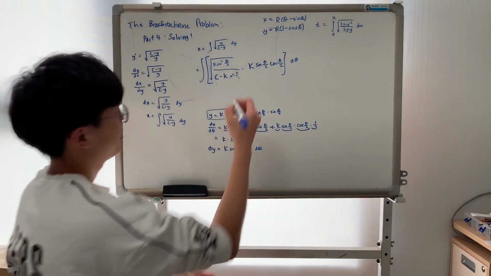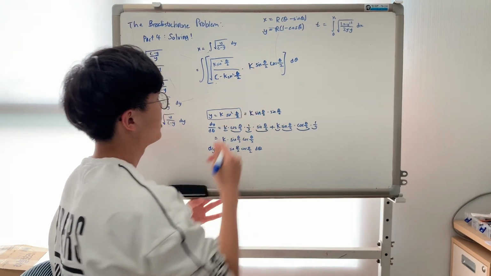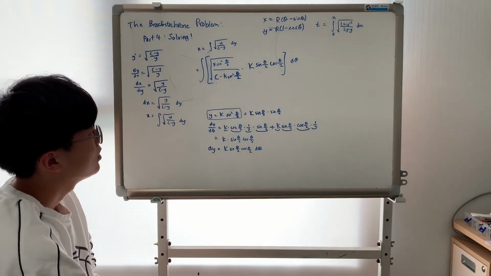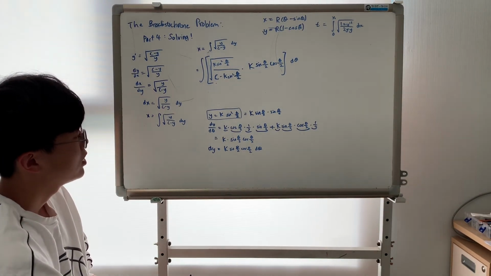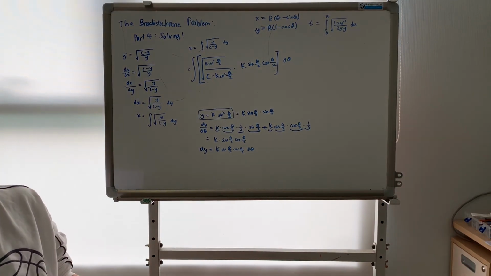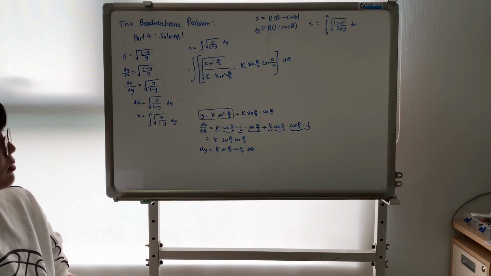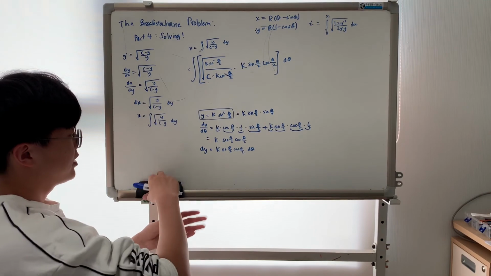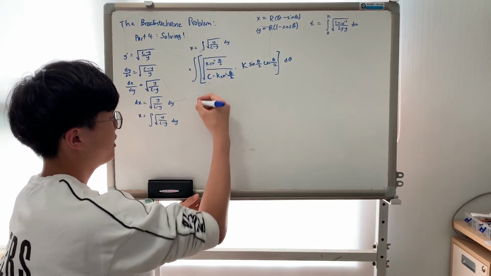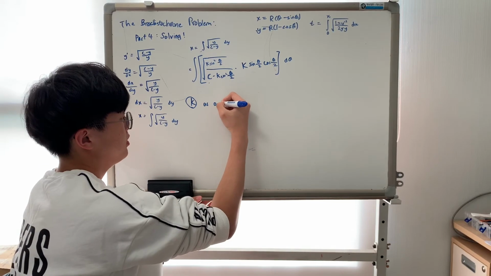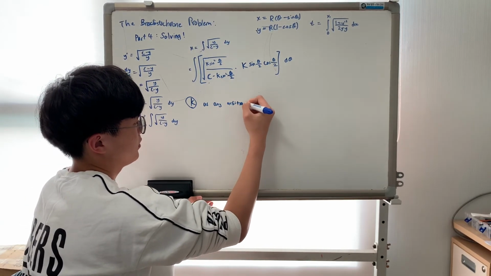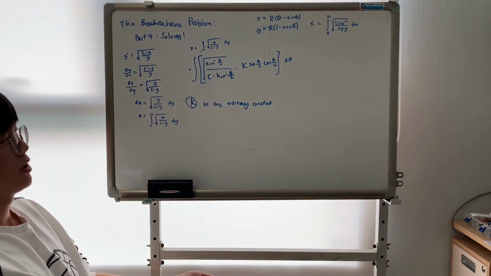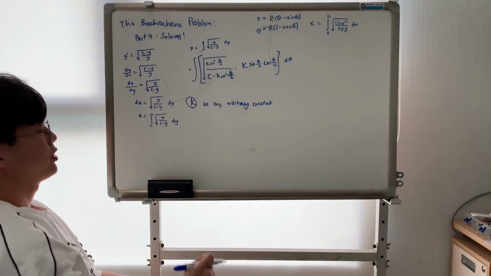Okay, now what could we do from this point onwards? Here we could see that we set k as any arbitrary constant, which means that k could be any constant we want to define, as well as c over here.